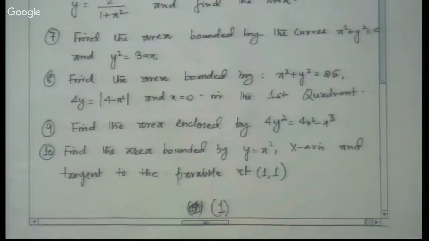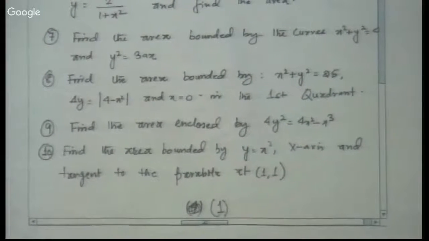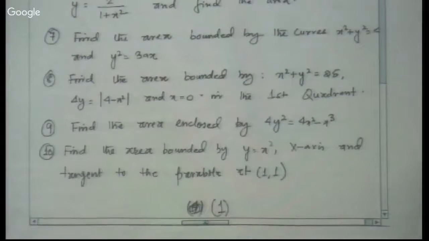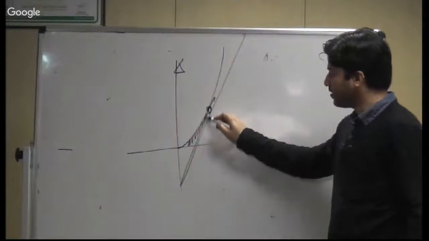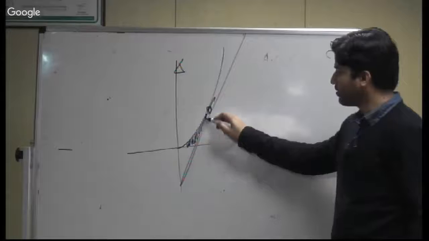So you know the graph. It will be something like this. So you have to find this area. What do you see?